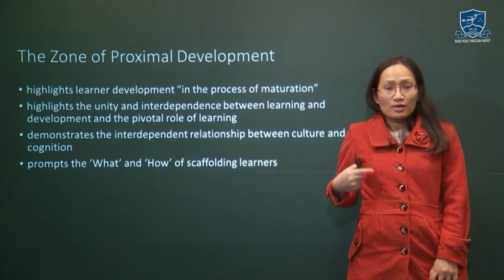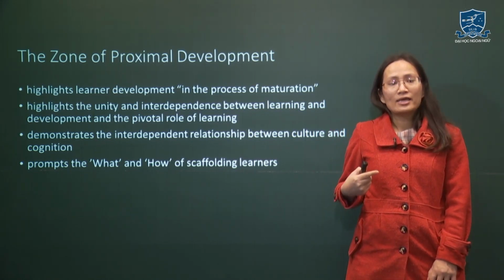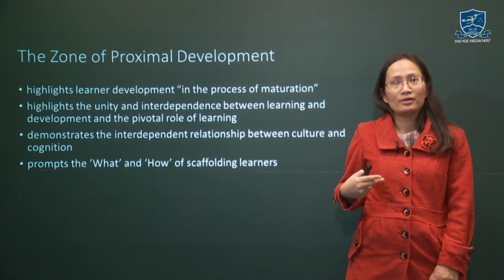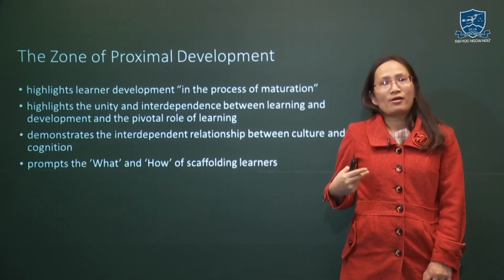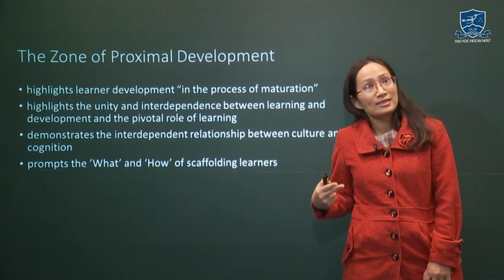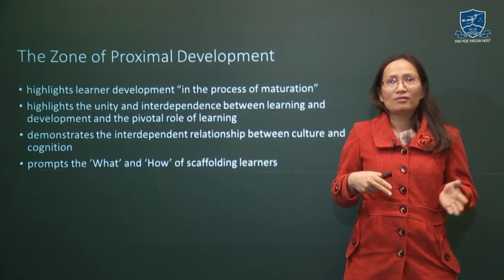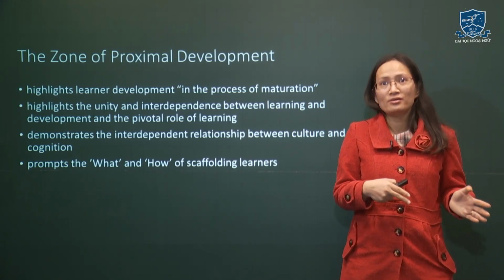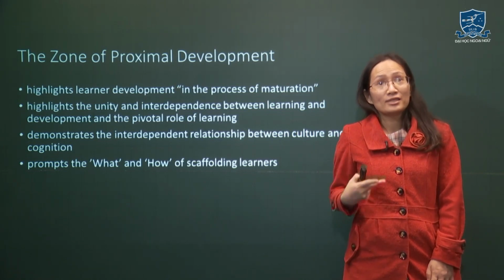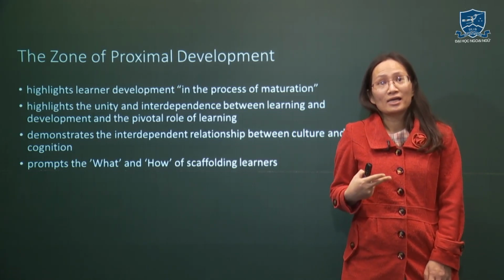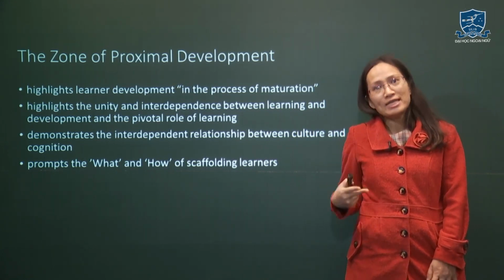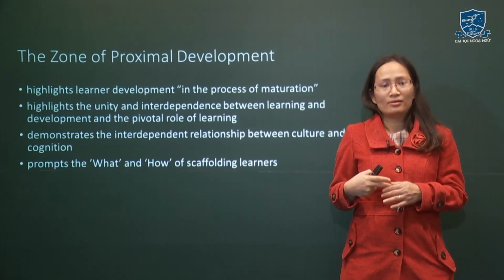Next, this construct demonstrates the interdependent relationship between culture and cognition. Normally, we find theories tend to place their emphasis on either context or culture or the learner's psychological factors. But this construct is really a place where culture and cognition meet each other.